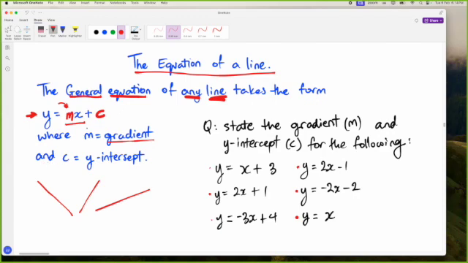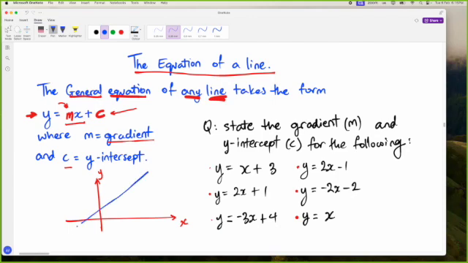The other number here, which is c, c is the intercept on the y-axis, the y-intercept. So you have your y-axis here, and you have your x-axis here. Whenever you draw a line, that line will be cutting the y-axis at a certain point.